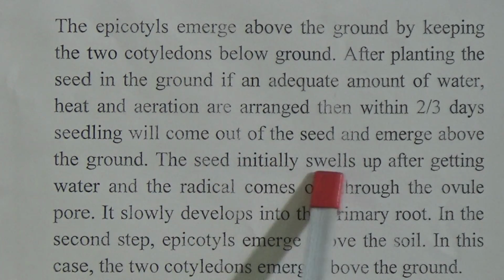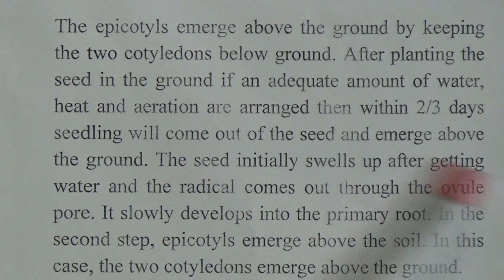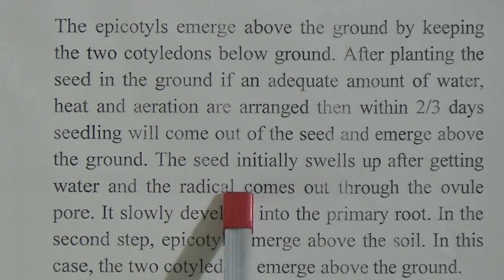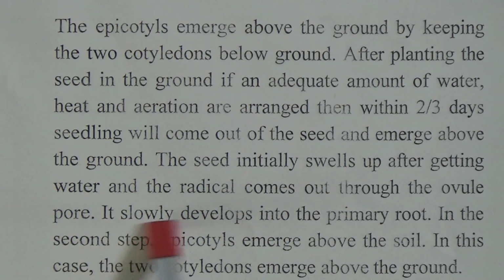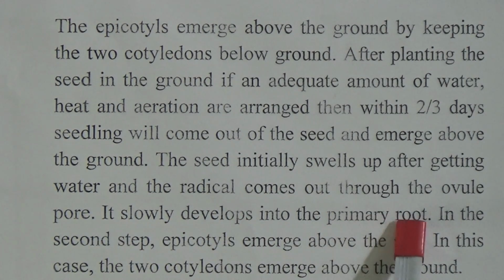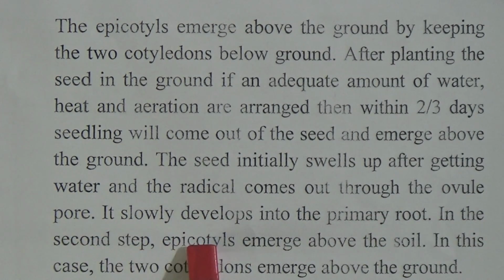The seed initially swells up after getting water and the radicle comes out through the ovule pore. It slowly develops into the primary root. In the second step, the epicotyl emerges from the soil. In this case, the two cotyledons emerge above the ground.